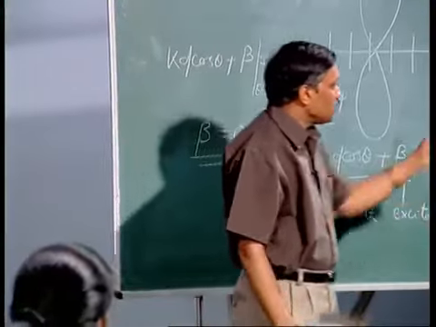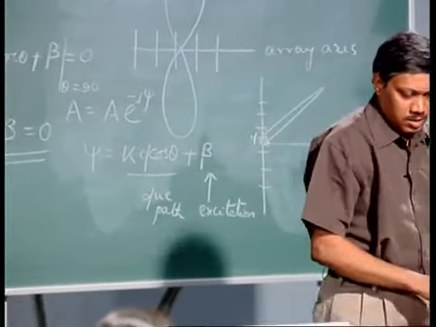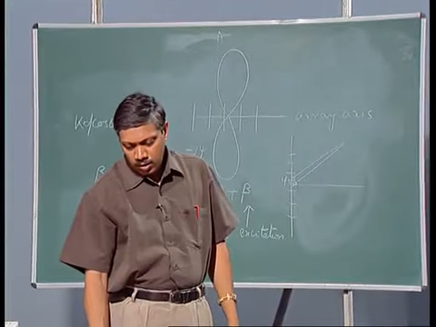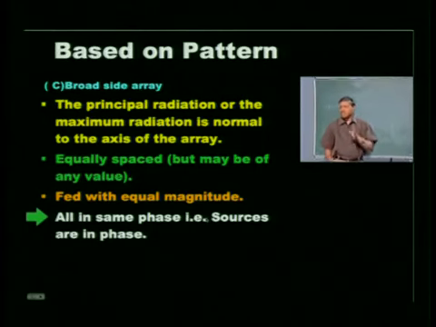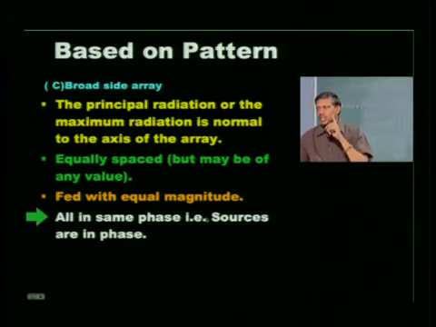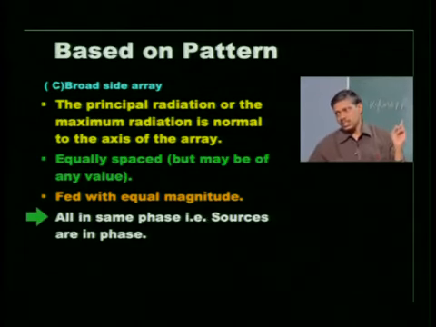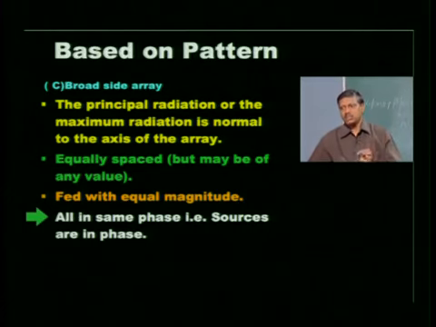This is one of the conditions: all sources are in phase, that means each element will be fed with the same phase. This is a mandatory condition for having a broadside array.